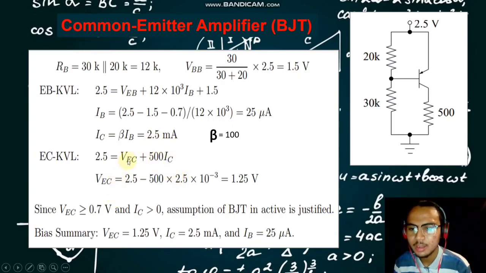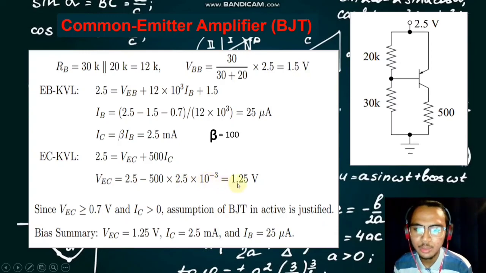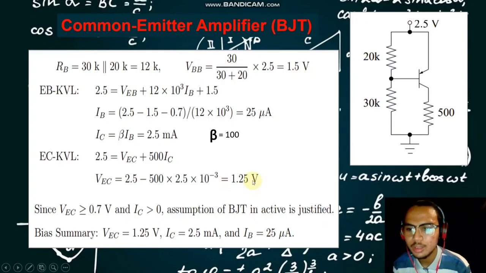Okay, we bring the VEC in front, and we can see 2.5 minus 500 times 2.5 milliampere equals, and we got 1.25 volts.